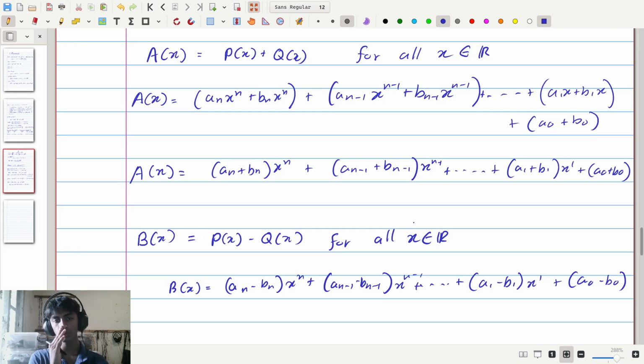So same exact thing. You could even think of subtraction as negative addition in order to derive this second formula. So these two are quite straightforward. It means that all you have to do to add two polynomials together is simply match up the coefficients of the corresponding x to the r powers and add them together.